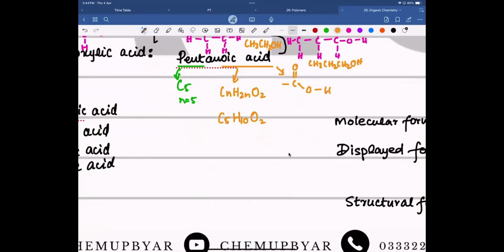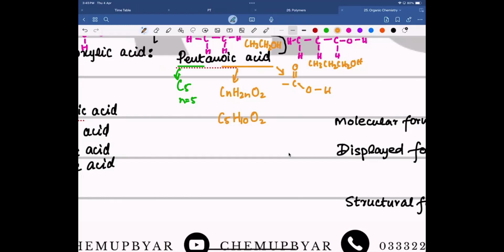We have two formulas. There is a complexity in the second one. For example, if I'm saying butanoic acid, what will be the value of n? It would be 3 for that formula.